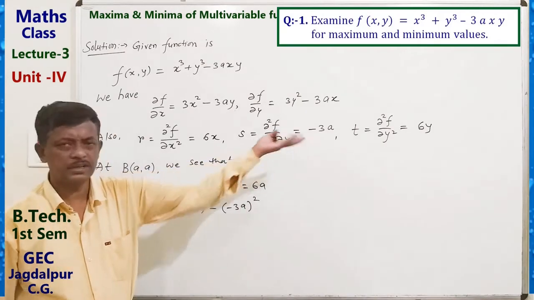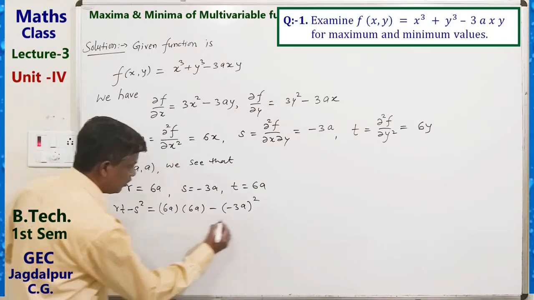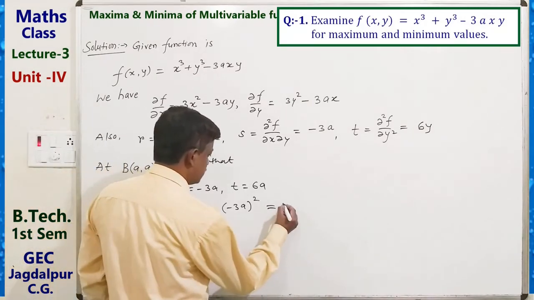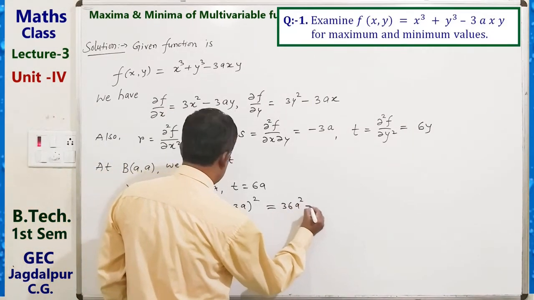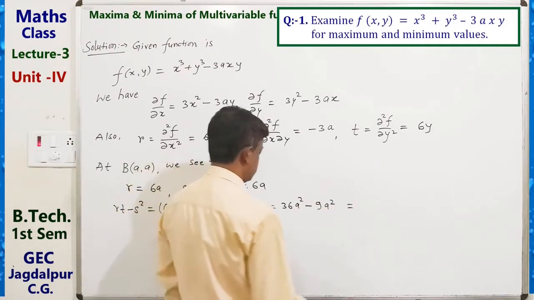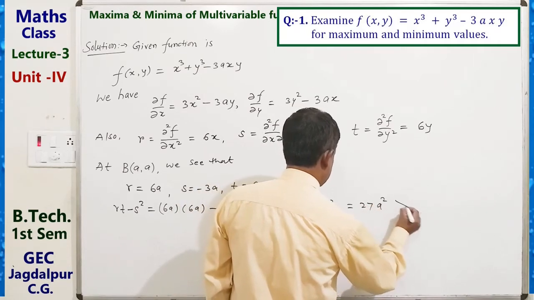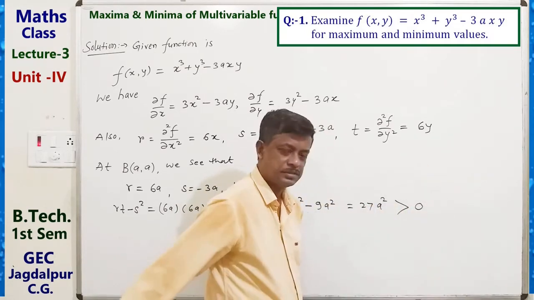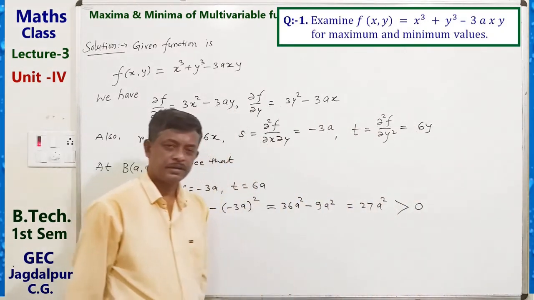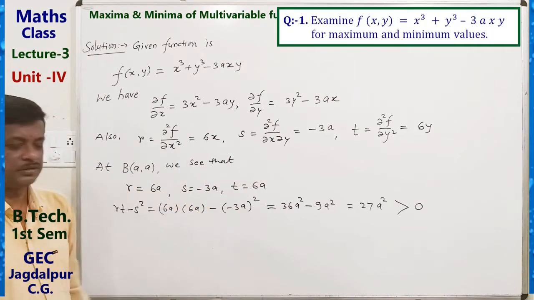Here minus 3a stays as it is, because there is no xy term. So this equals 36a square minus 9a square, which equals 27a square, greater than 0. Clear? rt minus s square is greater than 0.